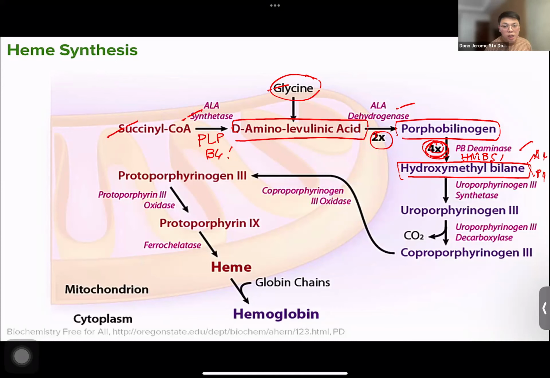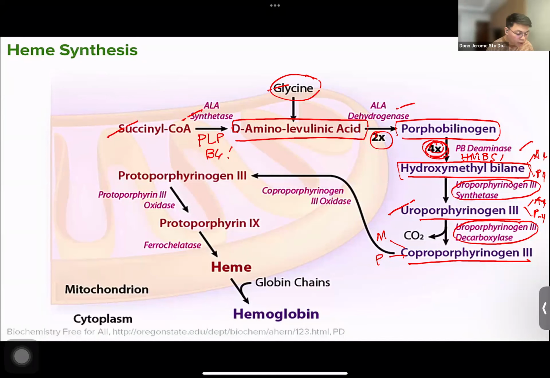It can undergo spontaneous cyclization to form the type 1 uroporphyrinogen or enzymatically using uroporphyrinogen 3 synthase to form your uroporphyrinogen 3. Again, still with acetate and propionate side chain. Okay? Uroporphyrinogen would undergo decarboxylation to form coproporphyrinogen, converting the acetate side chains to methyl side chains.